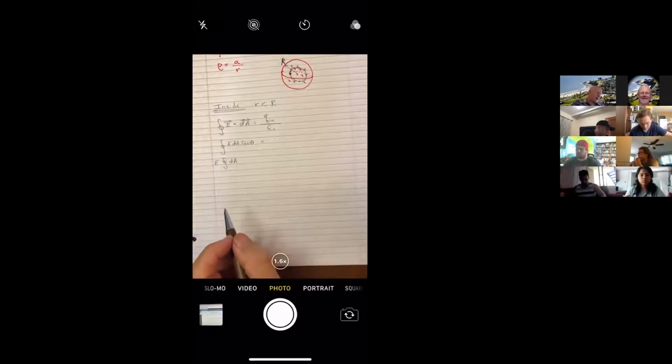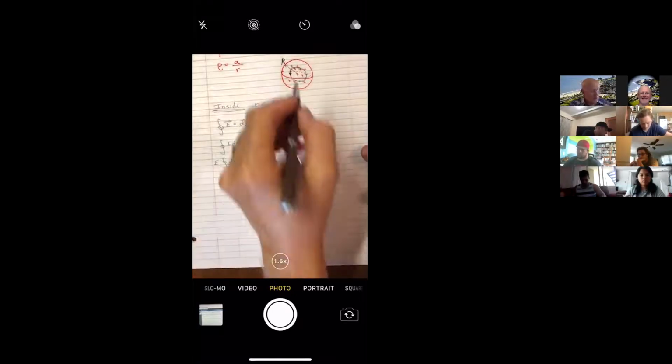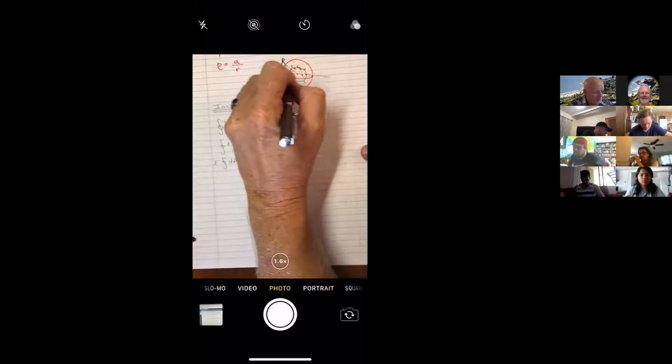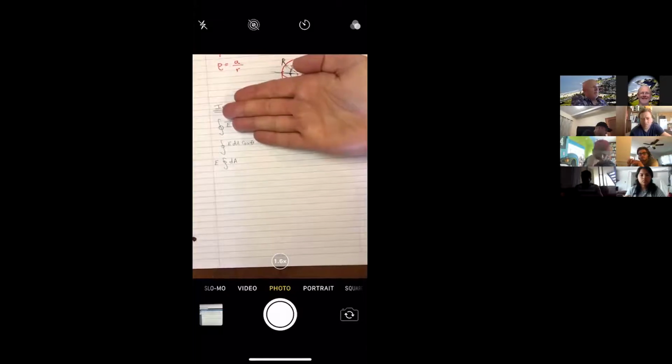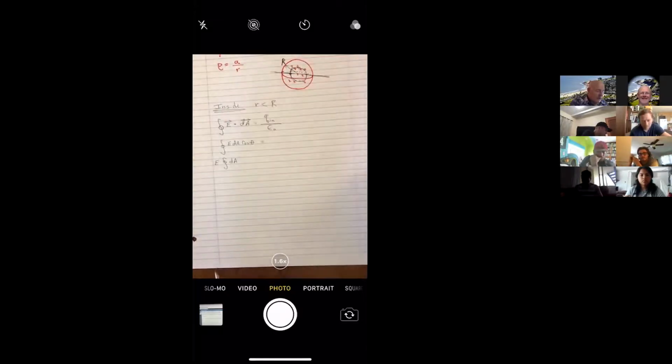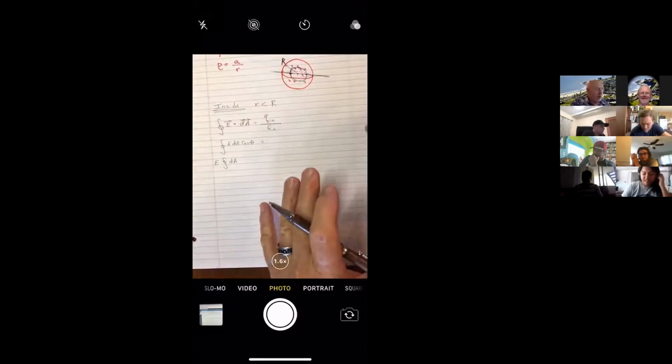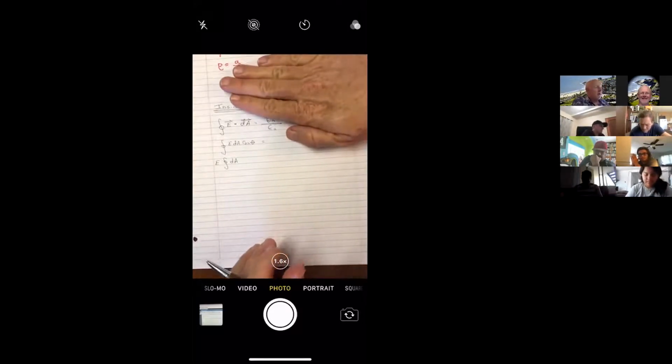The other symmetry argument is something if you were to draw a line through it, and kind of, this is my hand, flip it over, what charge distribution would you get when you flipped it?